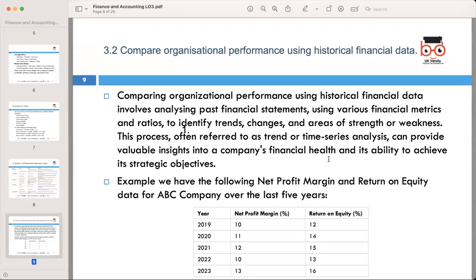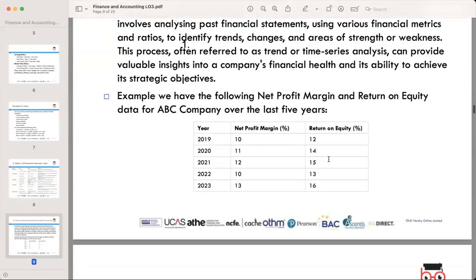So, for example, we have the following net profit margin and return on equity data for ABC company over the last 5 years, 2019 till 2023.